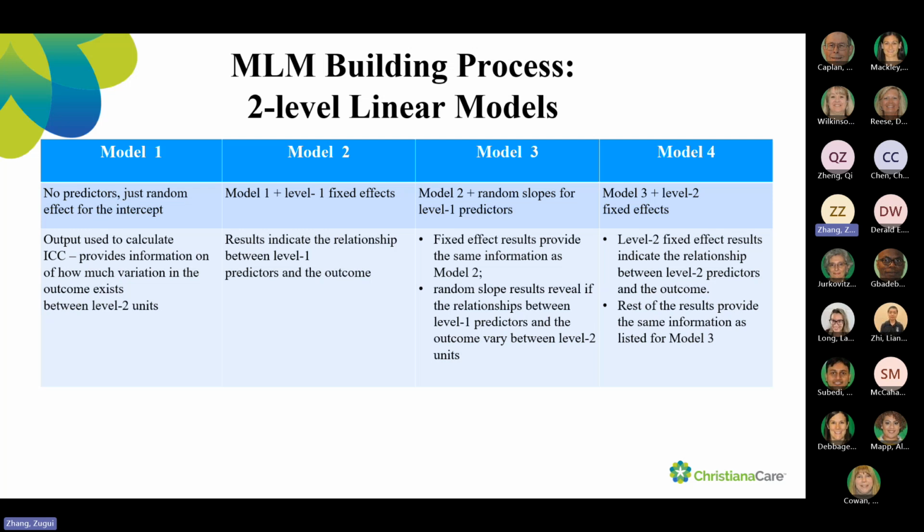So level 2 fixed effects results include the relationship between level 2 predictors and the outcomes. And the rest of the results provide the same information as in model 3. So for the 2-level model, we can run the 4-step model, and then we will have 4 models with different purposes.